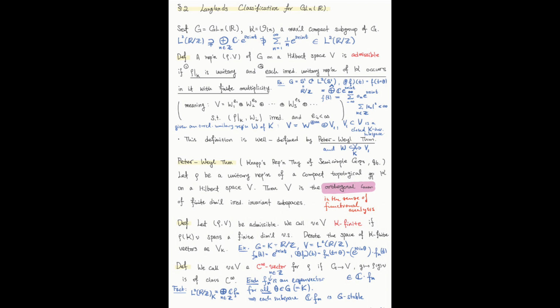So let me just write that it is impossible to embed W into V1 as a K representation. Otherwise there could be another copy of W in V1, and another copy, and then you have infinitely many copies. So the point is that we can split off.